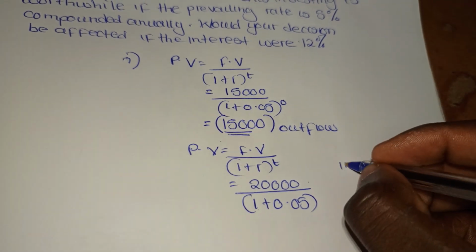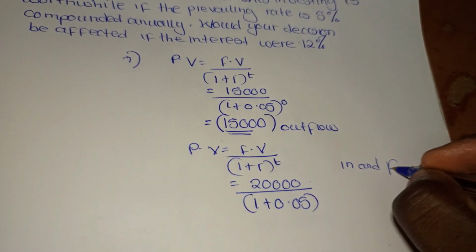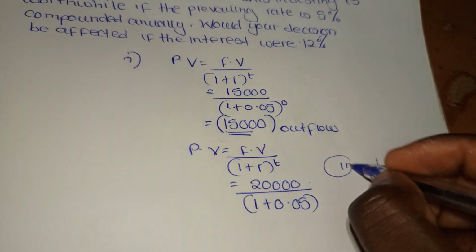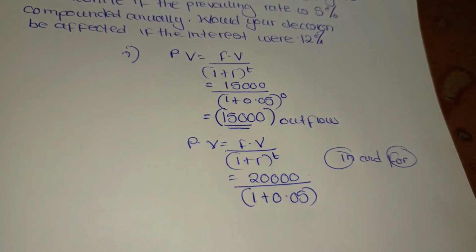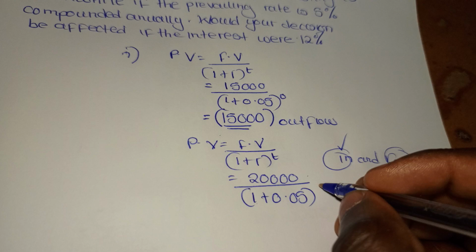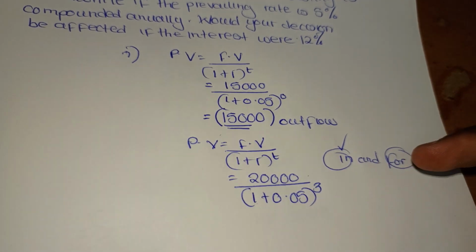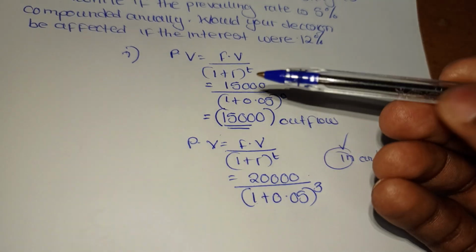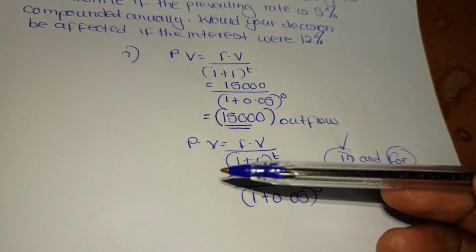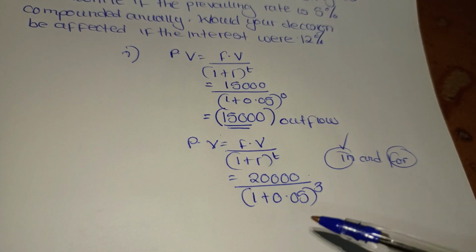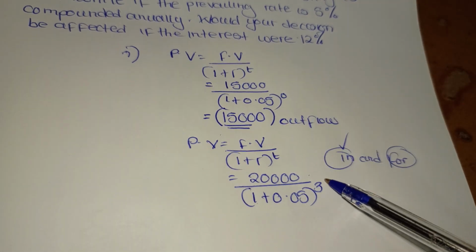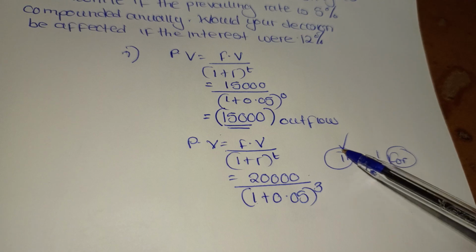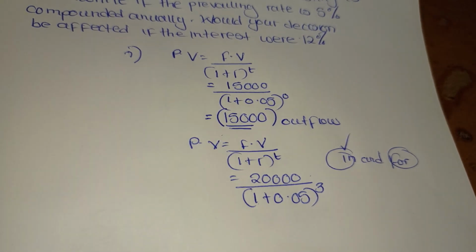There is a difference between "in" and "for" when we are dealing with the future net present value calculation. So take note, they have said "in", so you just go direct. If they said "for", you would have replicated the 20,000 3 times, for the first year, second year together with the third year. But in this case, you will only go directly in putting 3 because they used "in". So you convert 20,000 divided by 1.05 to the power 3.